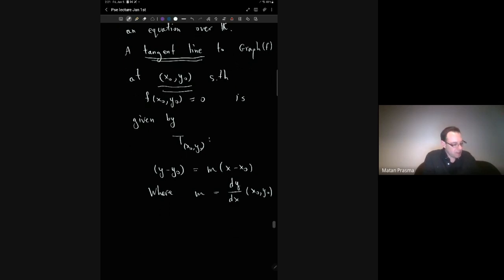So let me be formal. Suppose E over R is an equation of the form y squared equals x cubed plus ax plus b.